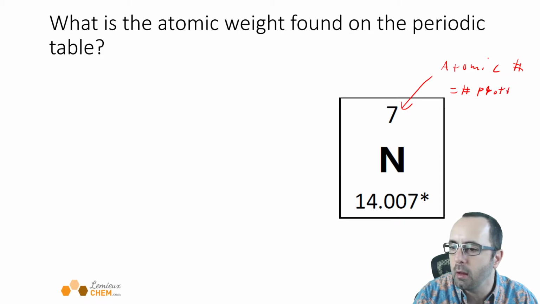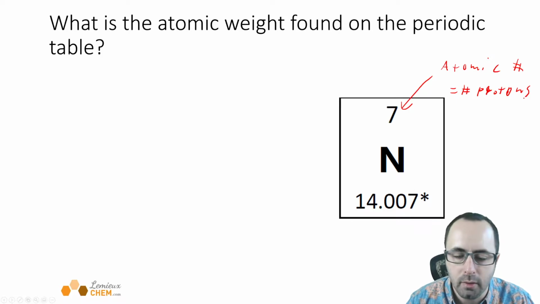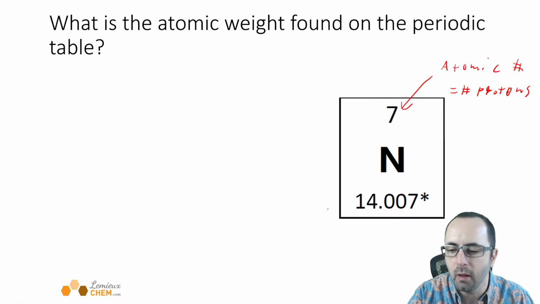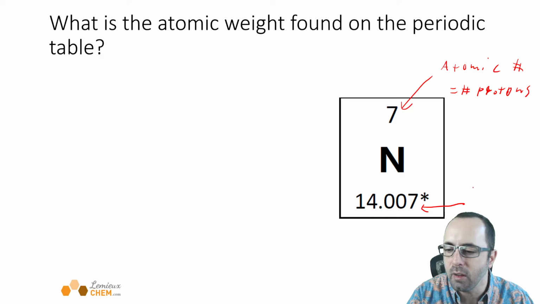So we know that all nitrogen atoms have 7 protons. But what about the number at the bottom here? This number is not the mass number, because remember, when we were talking about mass numbers, those were whole numbers like hydrogen 1, hydrogen 2. This is actually what's known as the average atomic mass.